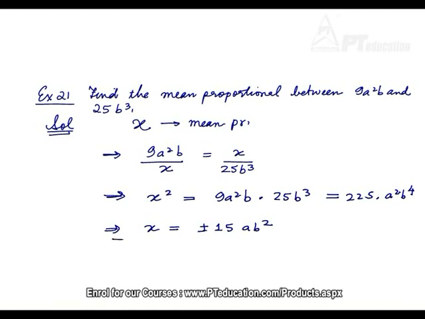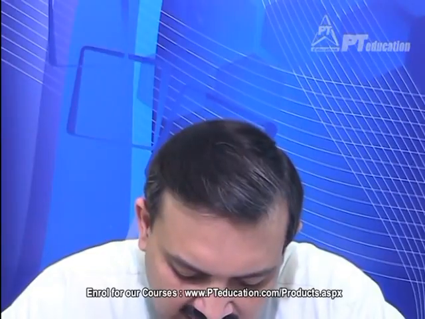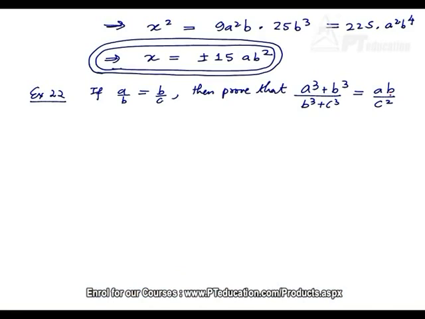Please remember that when you take the square root of 225, it will be plus minus 15, and hence our final answer is plus minus 15 ab square. I hope this simple example is very clear to everyone. And let us take up a last question in proportions. Example 22.